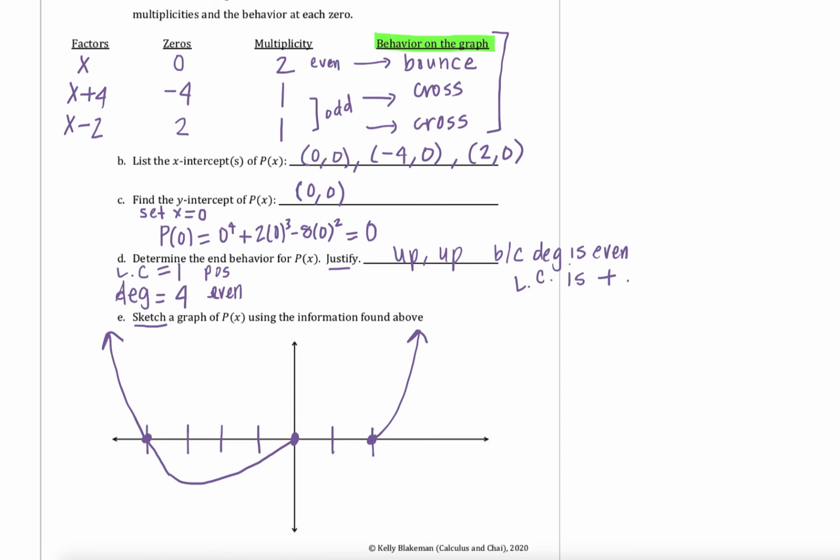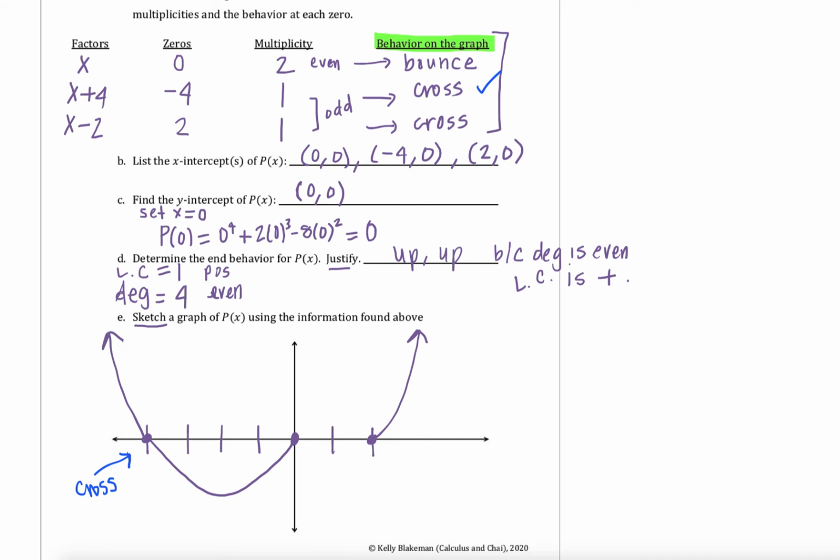And we talked about last time how this could maybe dip way down and come up. I can make it shallow. You really get the choice here. I'll keep that kind of larger dip there. So I'll have this dip all the way down and then come back. So this is where we're crossing at this x-intercept because I knew that from my multiplicity.